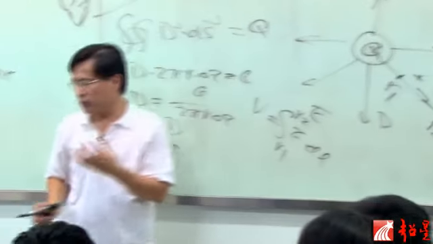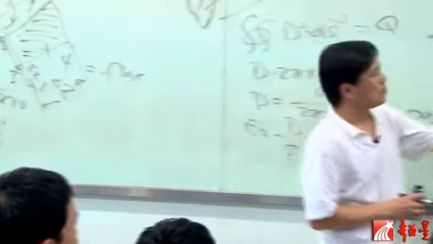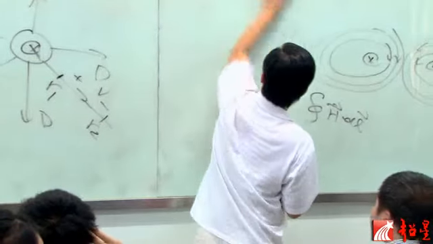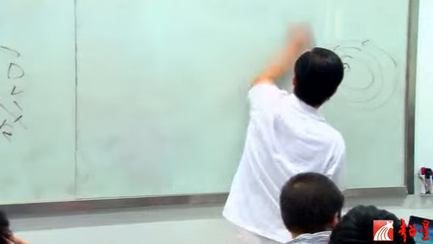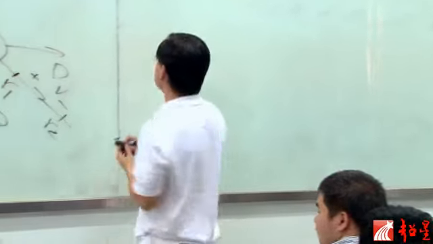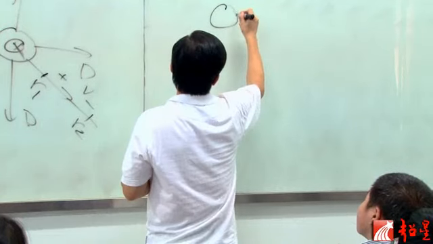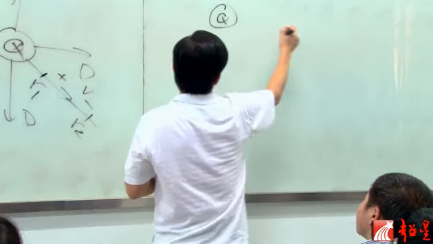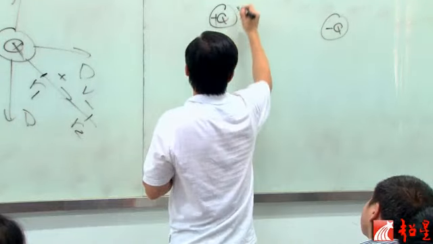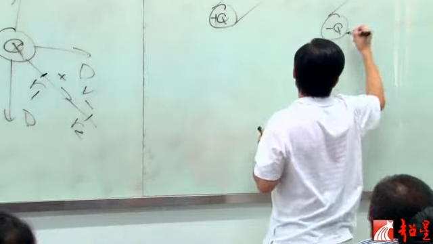Then what do we do? We have 2 wires, right? This is one wire which has Q. This is another wire which has negative Q. Plus Q, negative Q. This is 2 wires, right?